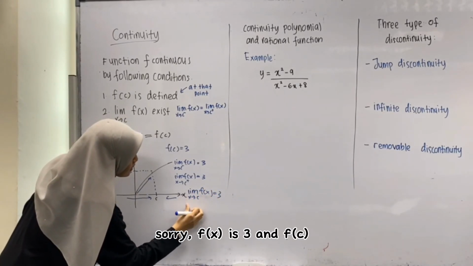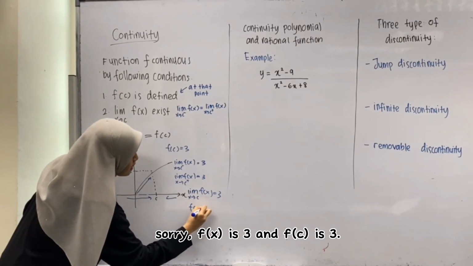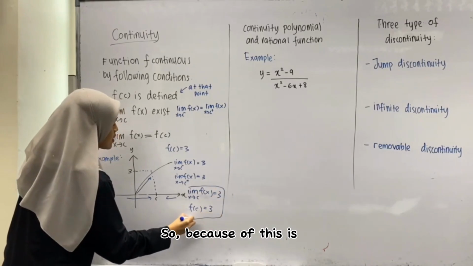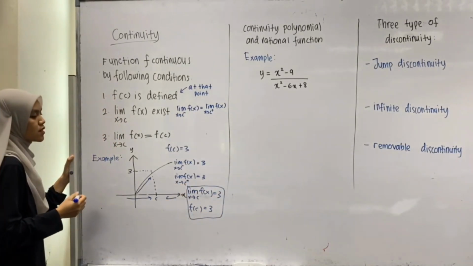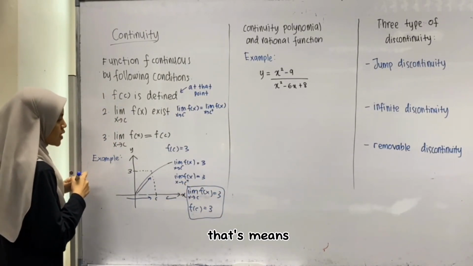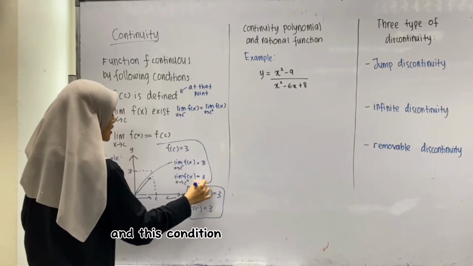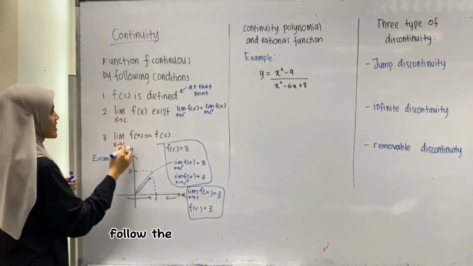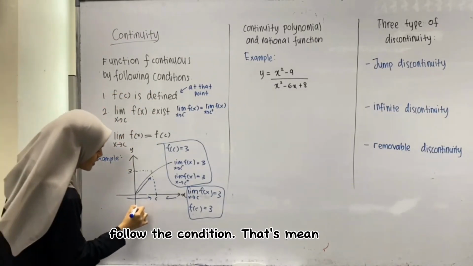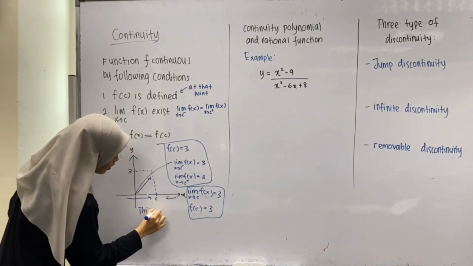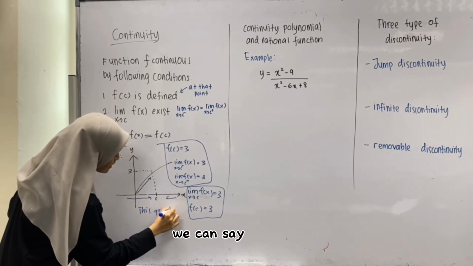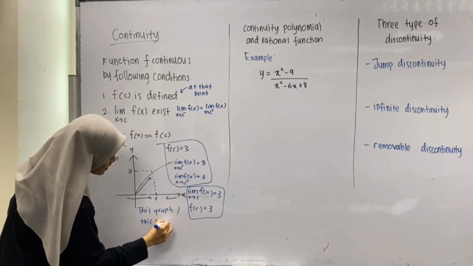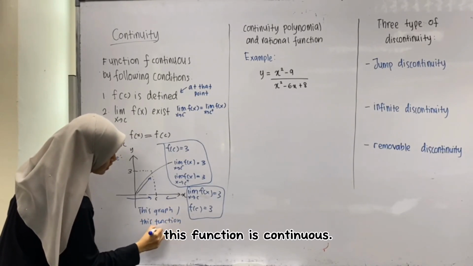Because they are equal, this graph follows the conditions. That means we can say this function is continuous.